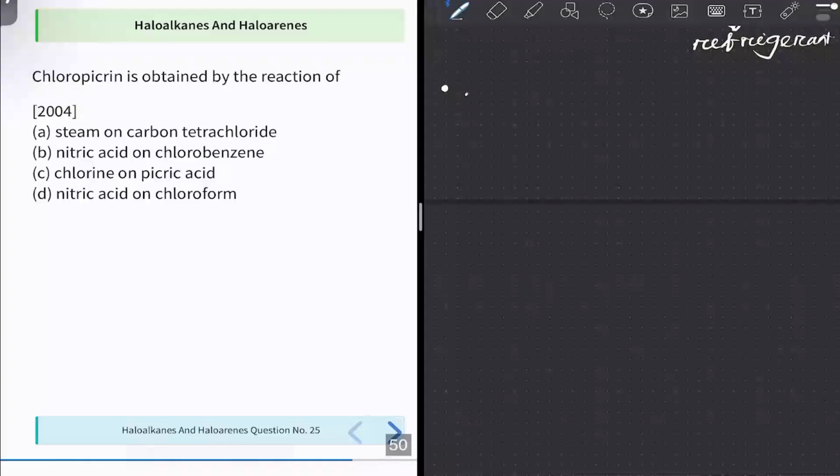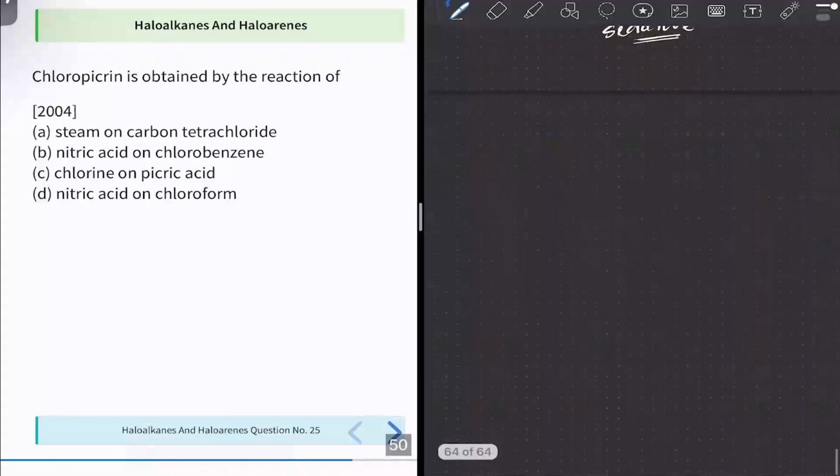So chloroform earlier was used as an anesthetic agent. Inhaling the vapors of chloroform will lead to sedation of the central nervous system, a sedative agent.